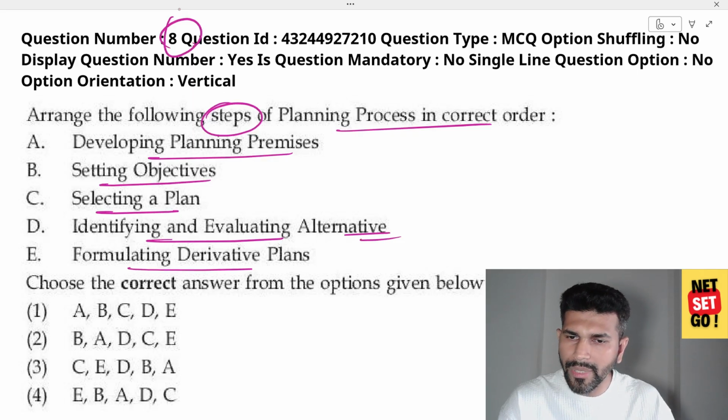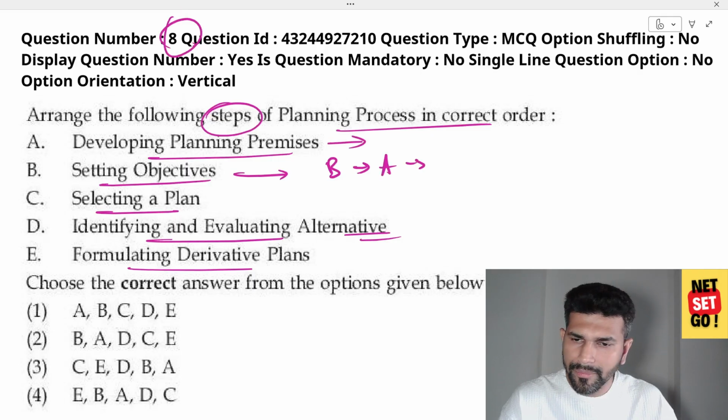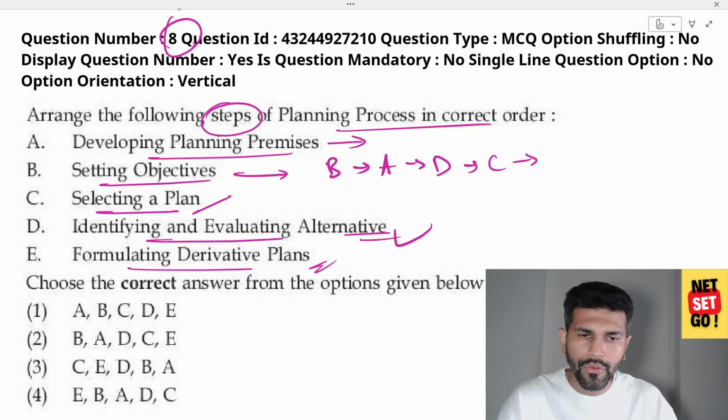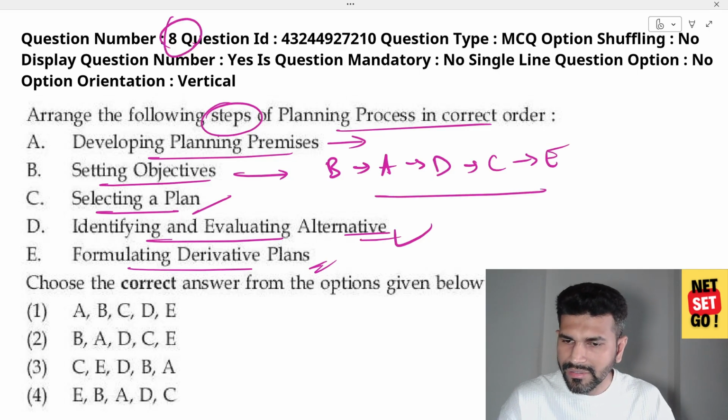The first step will be setting objectives, B. Then developing planning premises, A. Then identifying and evaluating alternatives, D. Then selecting a plan out of it, and finally formulating derivative plans. So BADCE is the correct sequence. Option 2 is the correct answer.